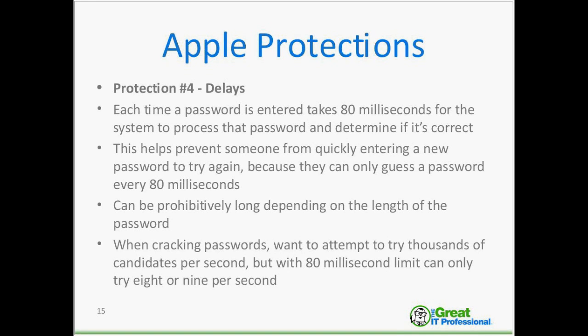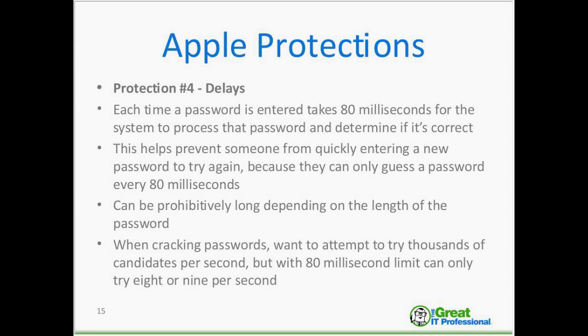It would be prohibitively long for me to try to continually guess passcodes. That's because with this 80 millisecond time limit, I only could enter 8 or 9 guesses each second. So these 4 protections help to protect this phone in question from the FBI.